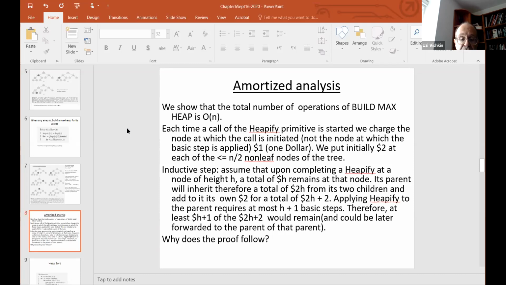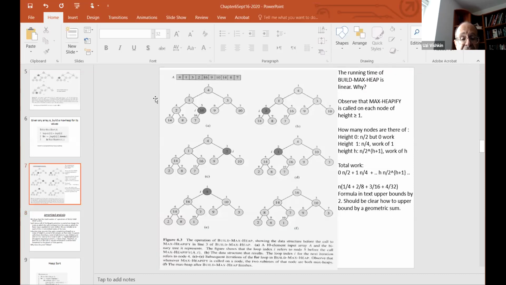Just to be sure that we understand what the inductive assumption is, if we go back to this node, it means that this node 5 starts with $2. Because its height is 1, the inductive hypothesis will mean that when we are done, it remains with a single dollar.